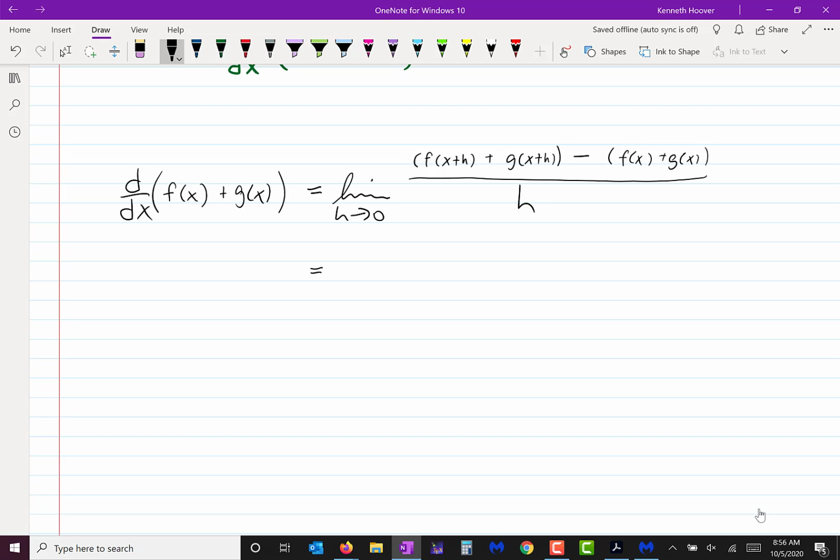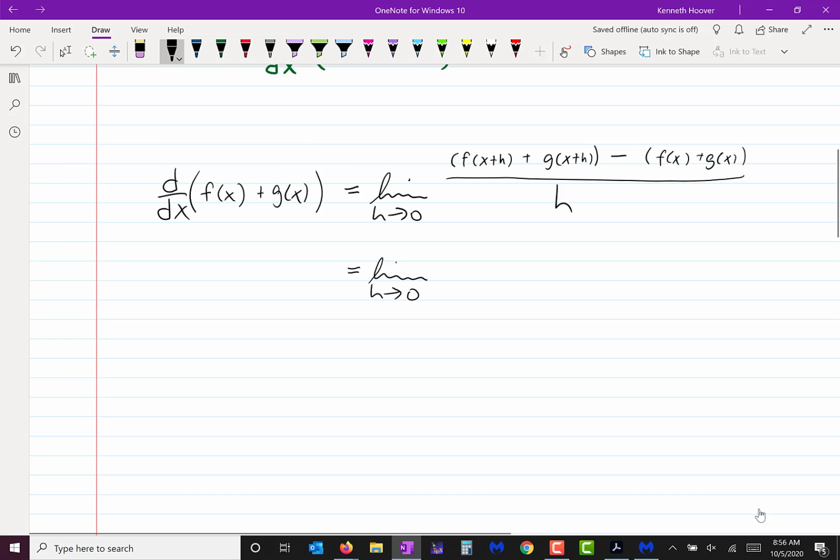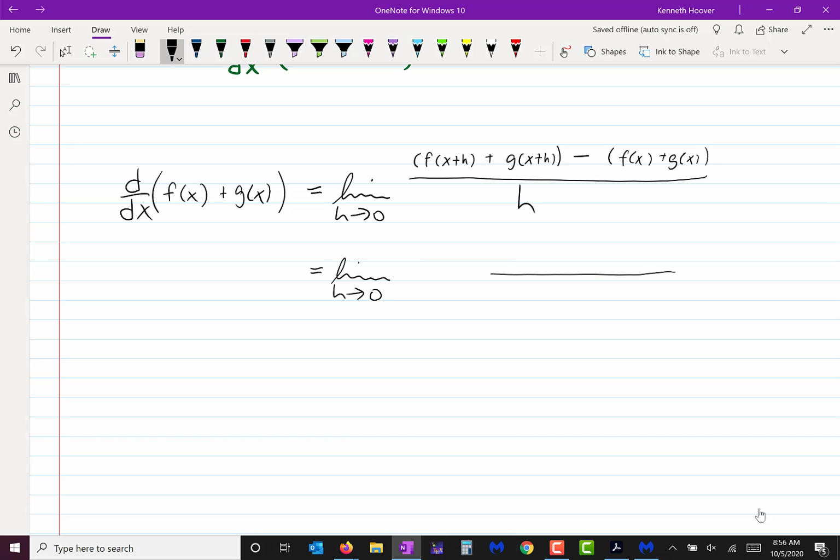Now, by just rearranging things, I could rewrite that like this: f of x plus h minus f of x plus g of x plus h minus g of x over h.